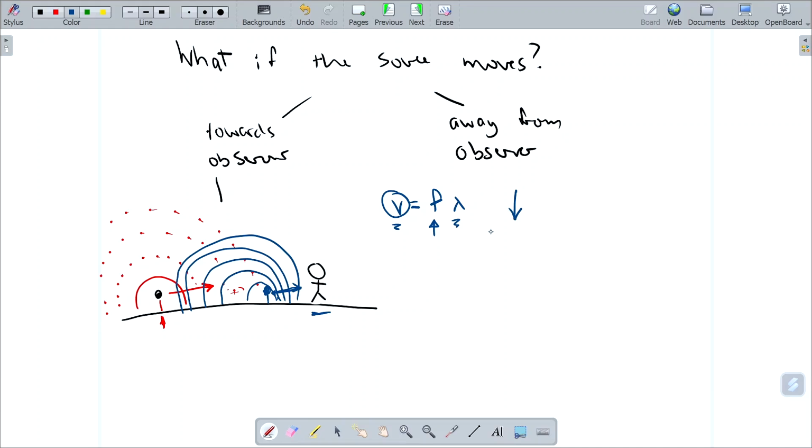And so the frequency is going to get bigger to be able to counteract the change in the wavelength. So these two things will work against each other to keep the speed of the wave the same. All right, and then this increase in frequency corresponds to the increase in pitch that is heard by the observer as the object approaches.